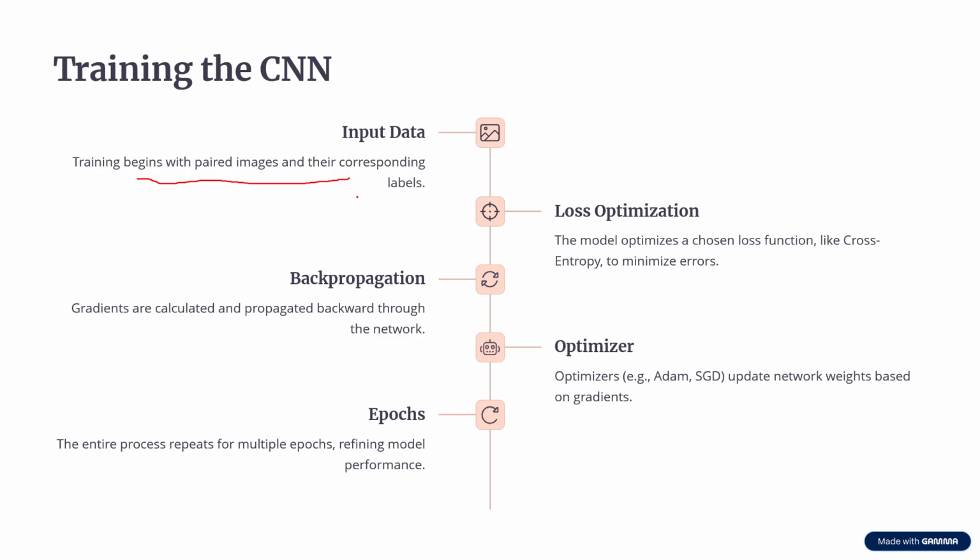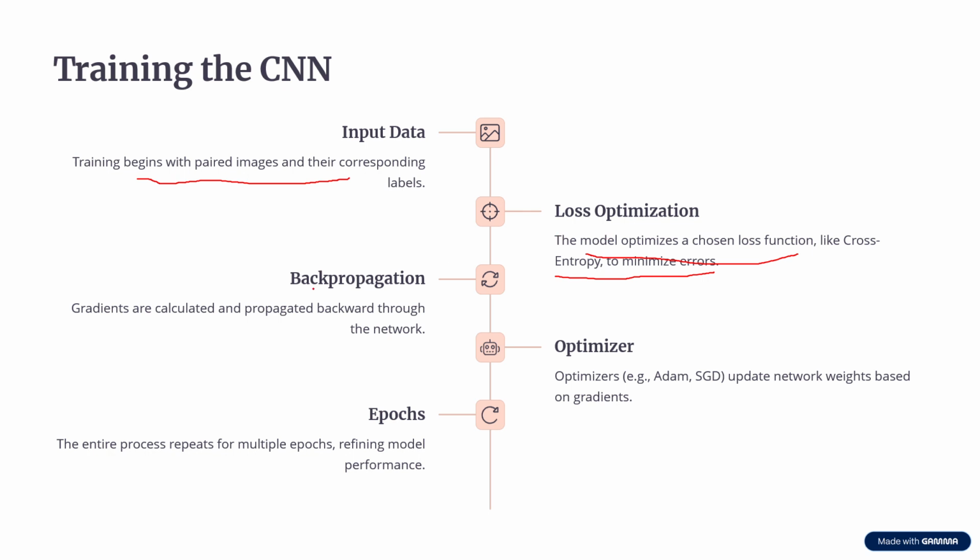So images plus labels are the input; the model sees the images and the correct answer, the label. In loss optimization, the model optimizes a chosen loss function like cross entropy to minimize the errors. So it measures how wrong the model is.